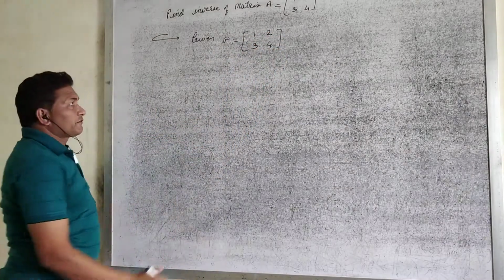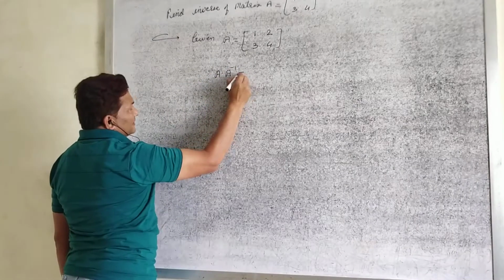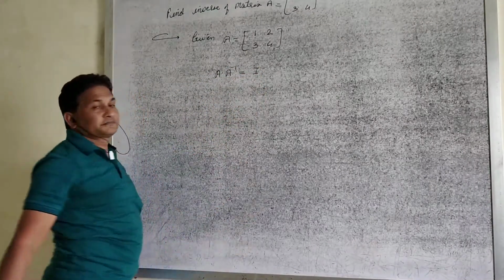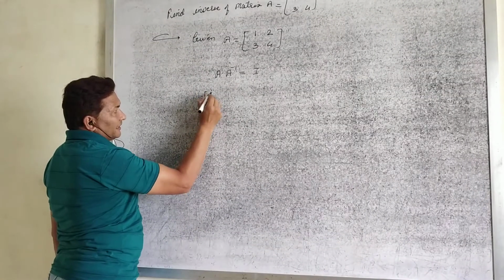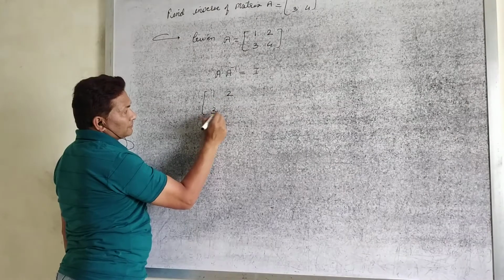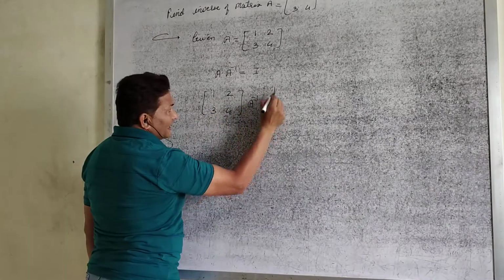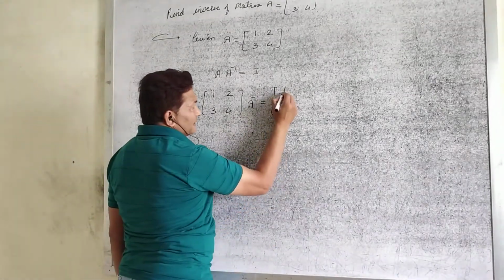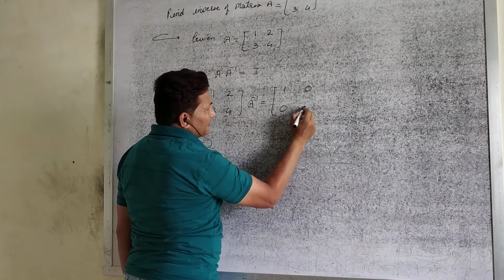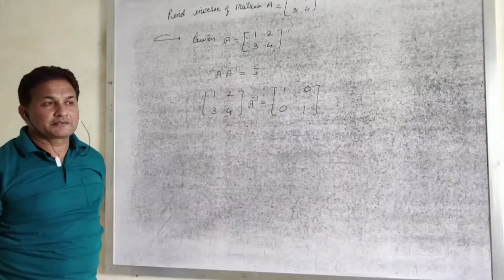By the definition of inverse, A into A inverse is equal to I. So this is the definition of inverse. Put the value of A. A has values 1, 2, 3, 4, A inverse as it is, and I is your identity matrix, and we know that the identity matrix is of the same order as A. So this is your identity matrix.